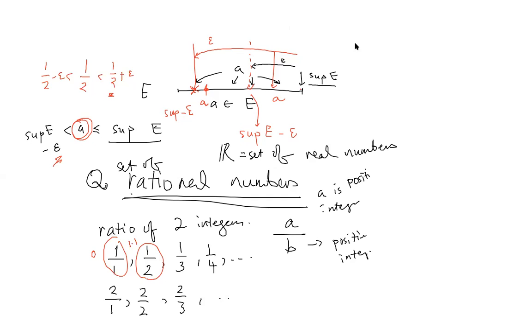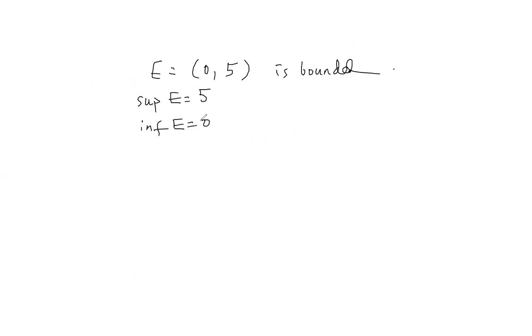Let me clear this drawing. So for example, some set like this is bounded, right? Because it's bounded from below and above. You can see this because sup E is 5 and infimum of E is 0.